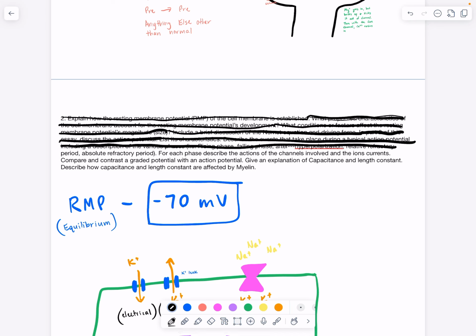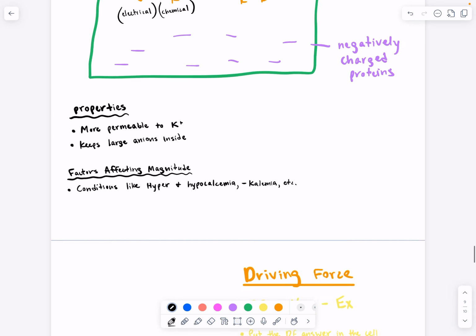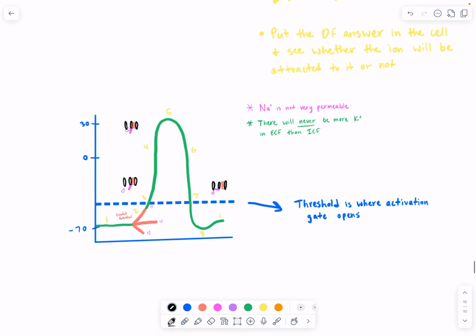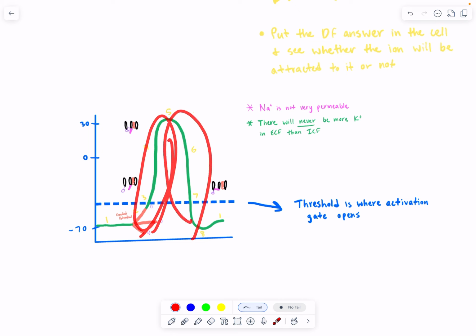So the relative refractory period and the absolute refractory period. The absolute refractory period is talking about this part of depolarization and repolarization.